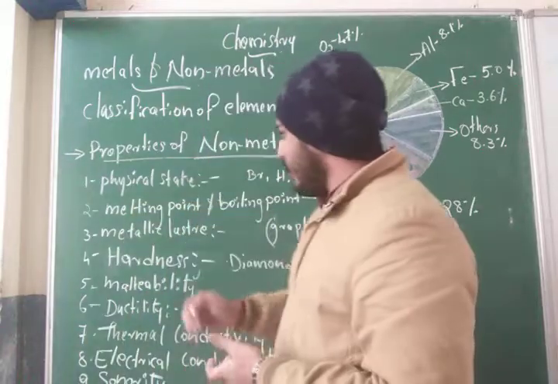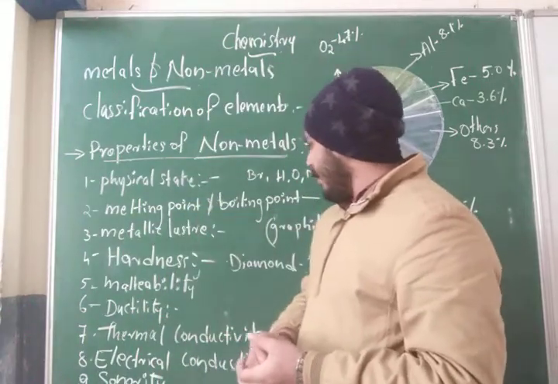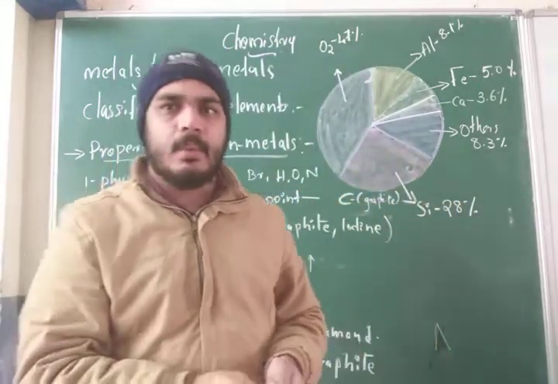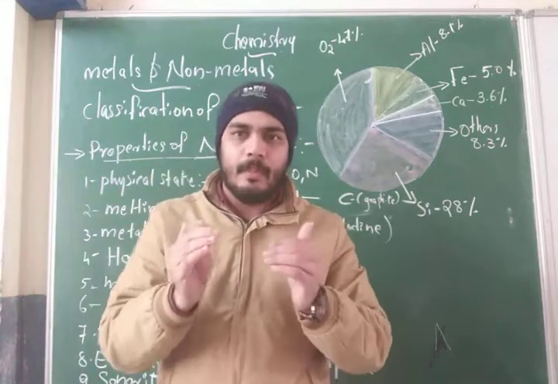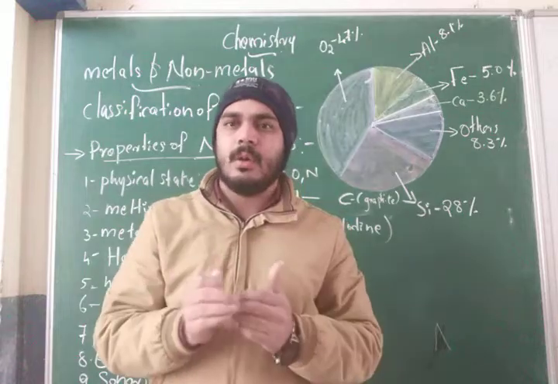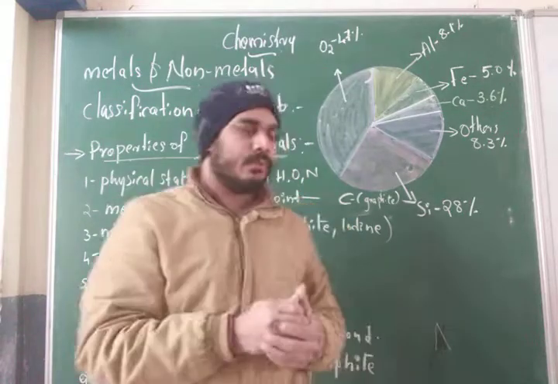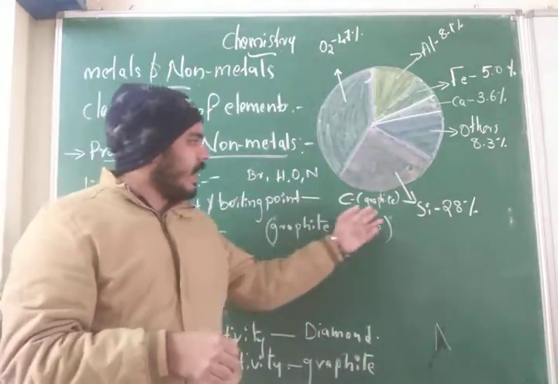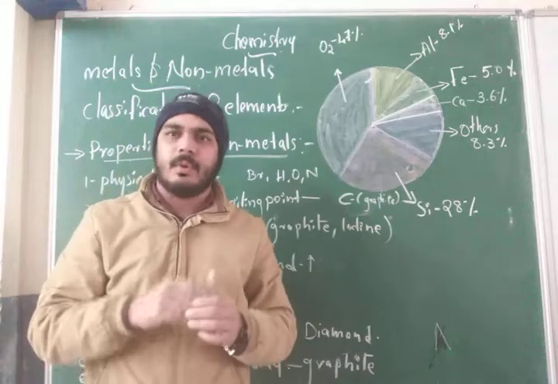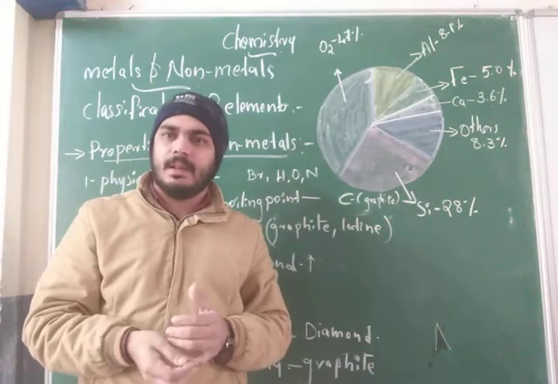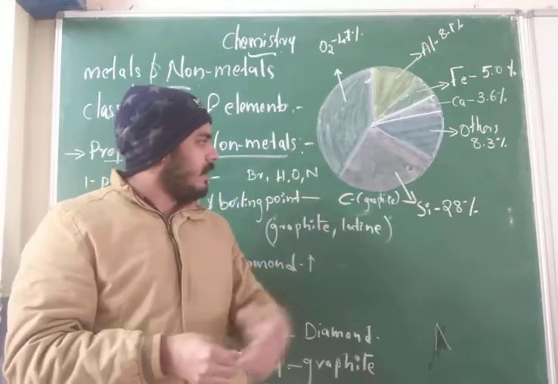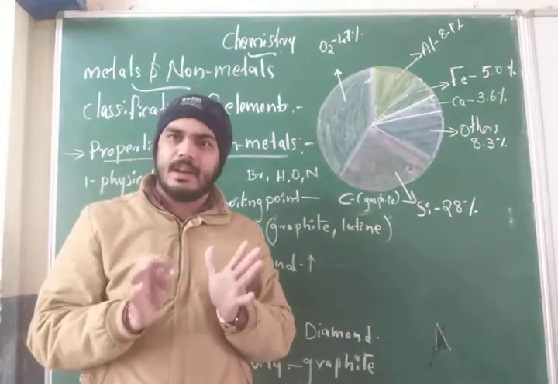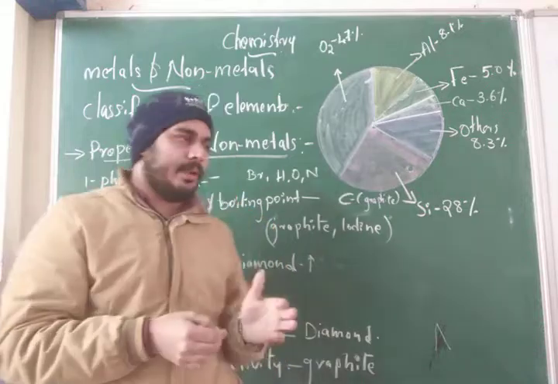Okay. And next one, melting and boiling point. Non-metals have very low melting point and low boiling point also. And in the case of graphite, carbon is the only one with high melting and boiling point. Okay. So only carbon or graphite has a high melting point.